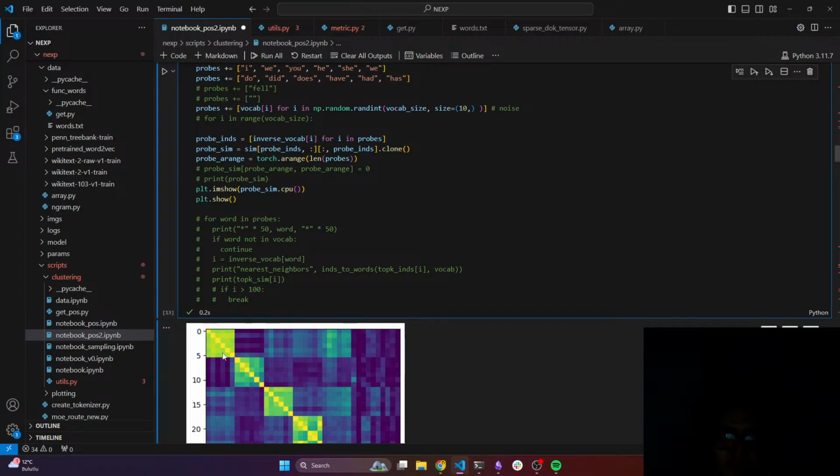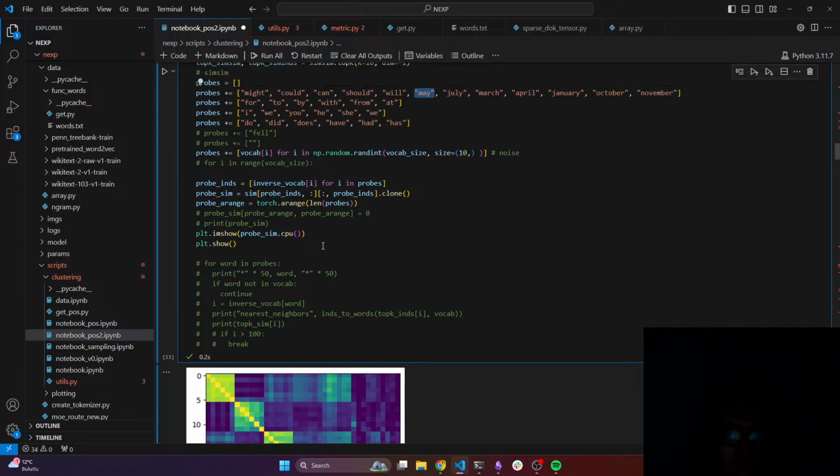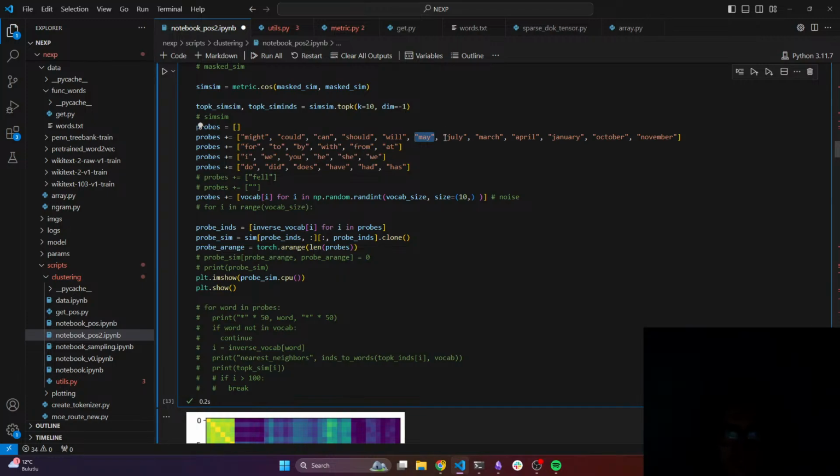The more yellow it is, the closer the similarity is to 1, and blue is basically 0. So this means it's highly similar.